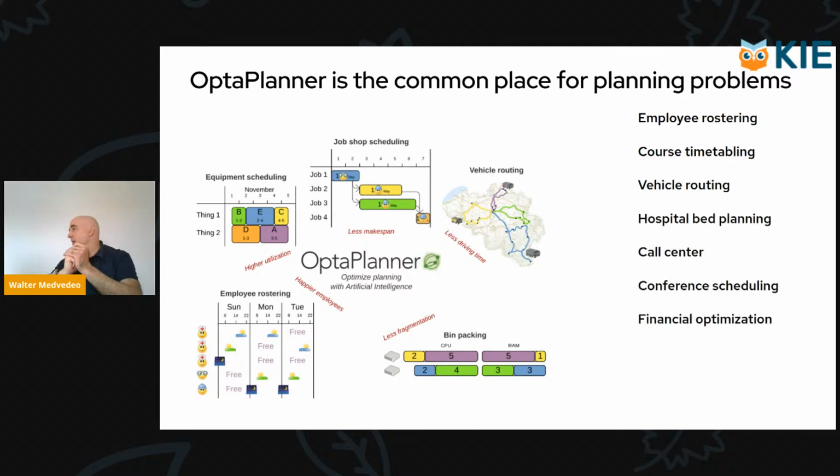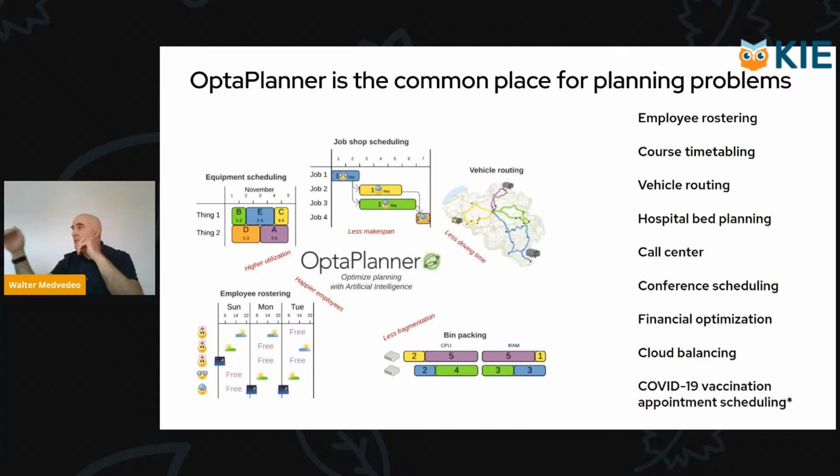It ranges from employee rostering and vehicle routing, but also, if you look at the bottom of the list, recently OptaPlanner was challenged to tackle the optimization problem of coordinating vaccination scheduling for different persons around the world, and this is being used right now. They're out there, right? So the first thing is quite obvious. OptaPlanner is a good place to start, right?